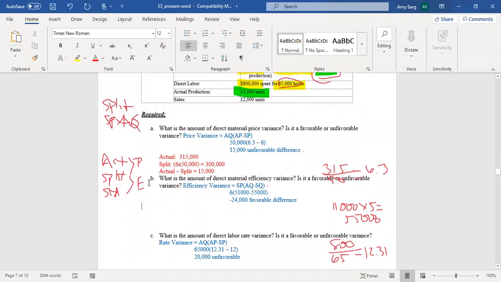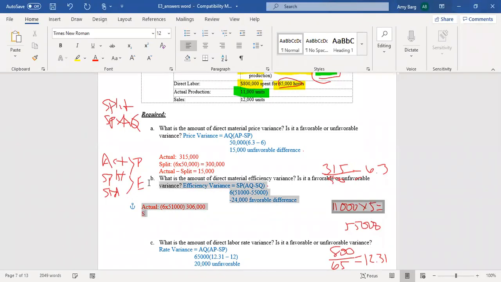We can say that the actual amount used now, so this one, it's still 6 times, but now it's 51,000 instead of the 50,000. So now we're at 306,000.